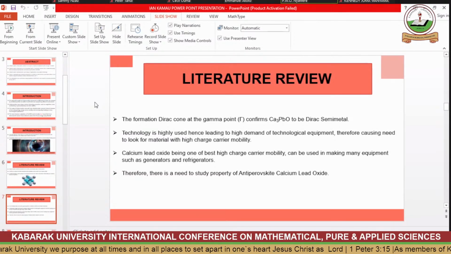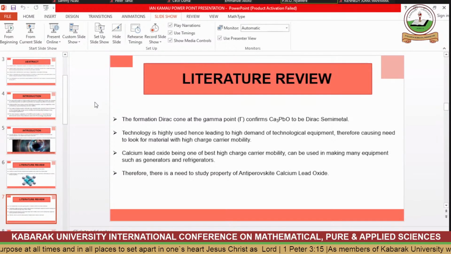Technology is highly used, hence leading to high demand for technological equipment. Therefore, we need to look at materials with high charge carrier mobility.